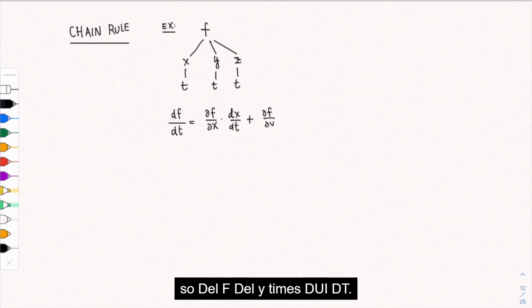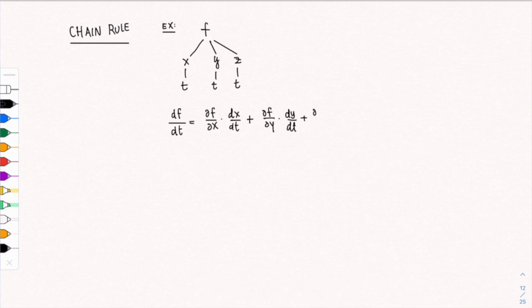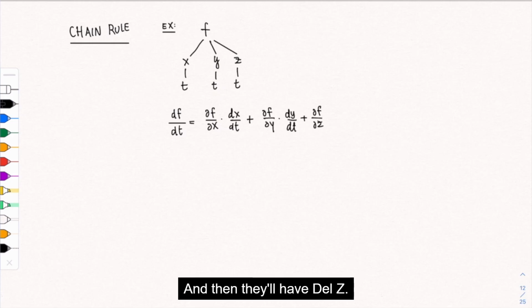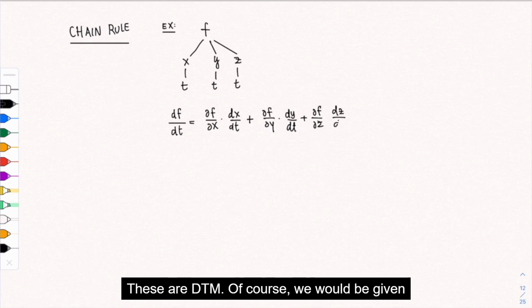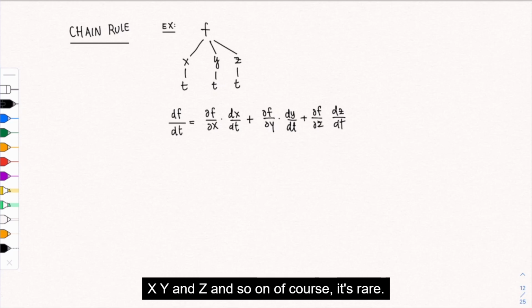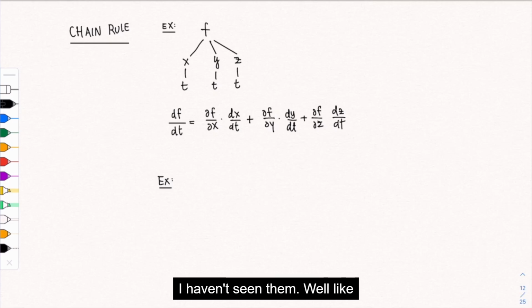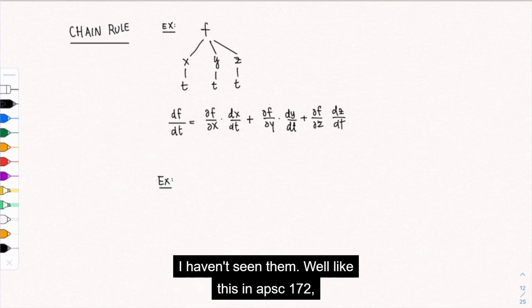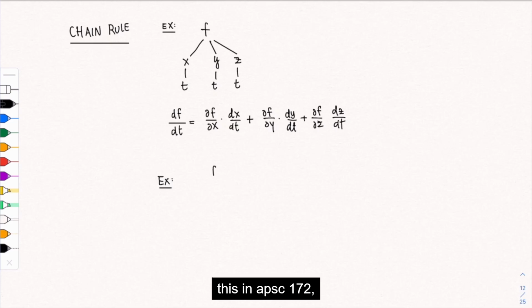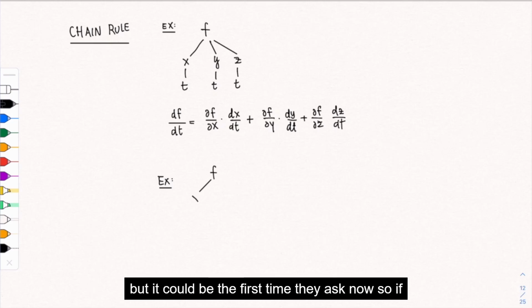So del f del y times dy dt, and then del f del z dz dt. And of course we would be given x, y, and z and so on. Of course it's rare. I haven't seen them ask a scenario like this in APSC 172, but it could be the first time they ask now.